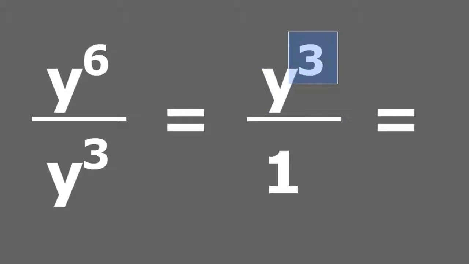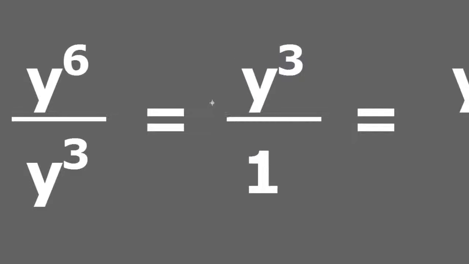And the new value of the exponent is the value that it had before, which was 6, minus the value of the y that disappeared, which was 3. So 6 minus 3 becomes the exponent of the only remaining y, which is y cubed, in the numerator. The one that I have in the denominator is completely unnecessary, but it helps me to show you that the y that I have left is in the numerator and not in the denominator.